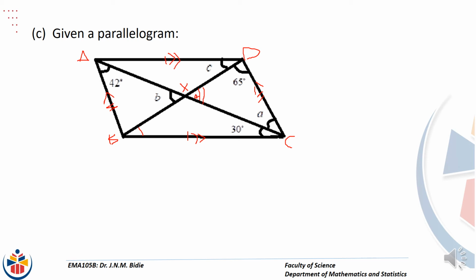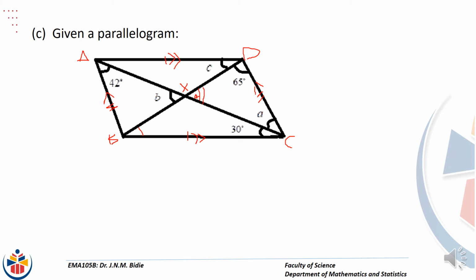And if we know the value for that angle, we use vertically opposite angles so that we can calculate the value for B. And if we know B, then we're sorted. Then we need to calculate C.